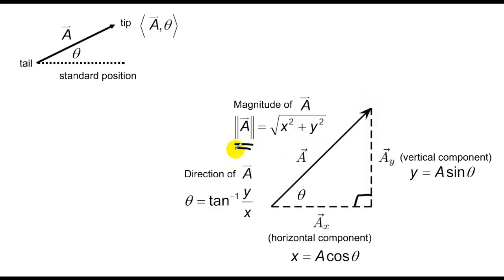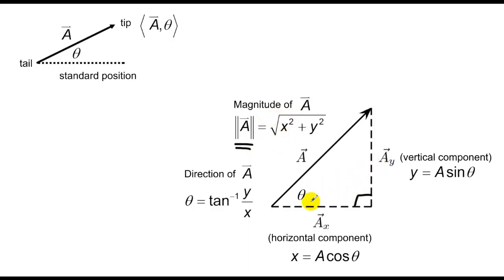This notation right here, which almost looks like double absolute values, is the notation for magnitude. So the magnitude of the vector is the square root of x squared plus y squared, which again was a conversion from rectangular to polar.